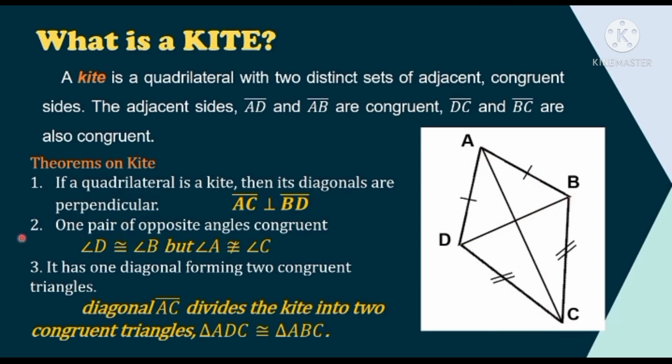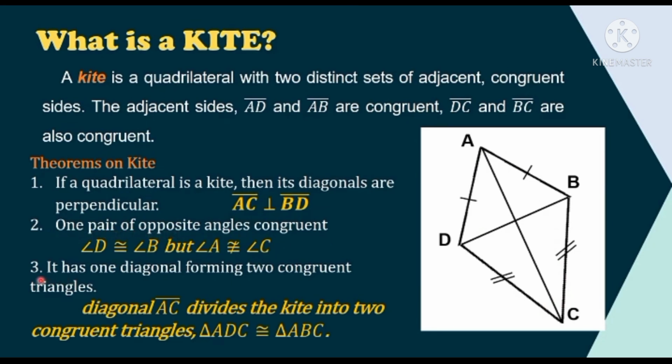The second theorem states that one pair of opposite angles are congruent. Angle D is congruent to angle B. They are opposite angles. But angle A is not congruent to angle C. Remember, there should be only one pair of opposite angles that are congruent.